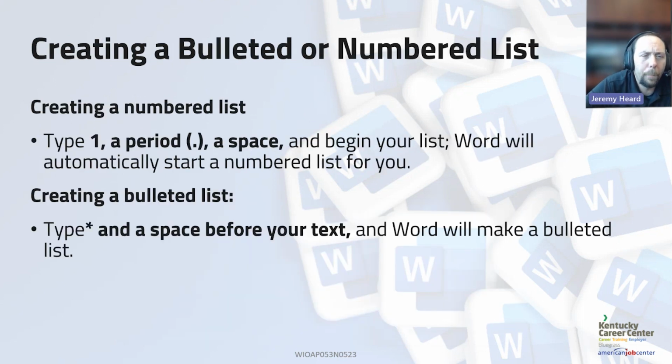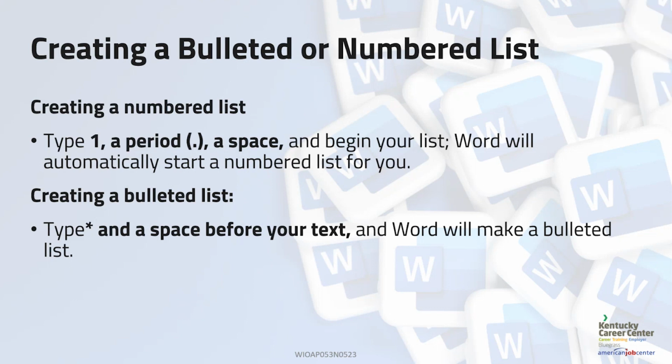If you want to create a bulleted or numbered list, Microsoft can usually figure that out on its own. If you type in a number 1 followed by a period and a space, it'll begin a numbered list. Once you put your text in after that and hit enter, it will put a number 2 on the next line, and so forth and so on until you click enter again on a blank line, and then it will stop that list.